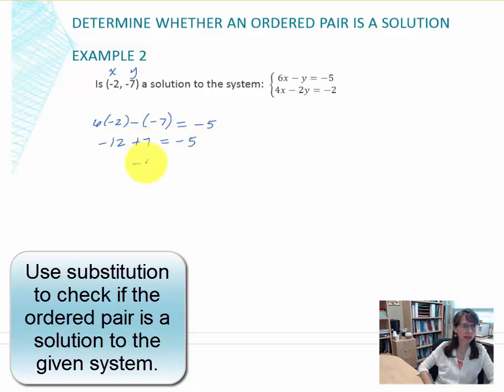So it looks like we have -5 on the left and -5 on the right. So what we know so far is that -2, -7 is a solution for the first equation.